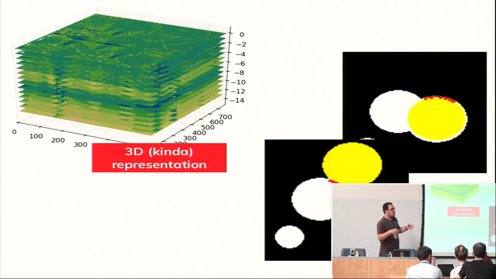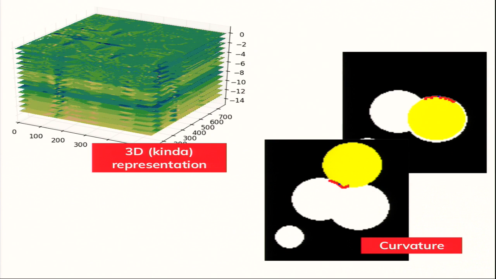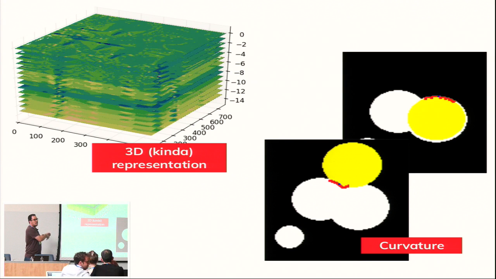We also have several tools implemented, like 3D representations of these tracks. We also have different kinds of curvatures that can help us with other problems, maybe dividing cells and something like that.